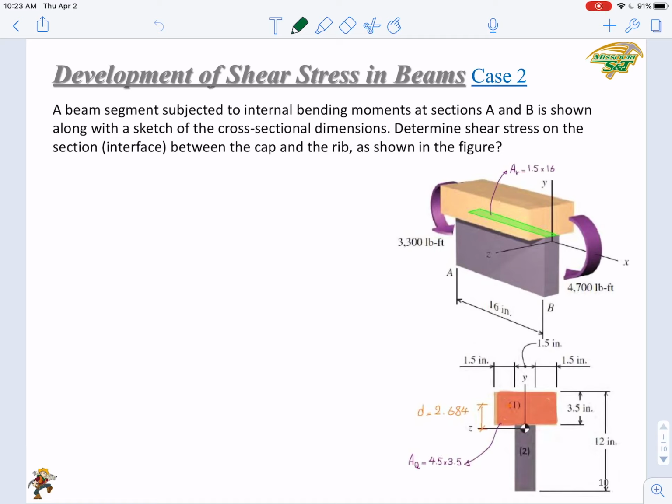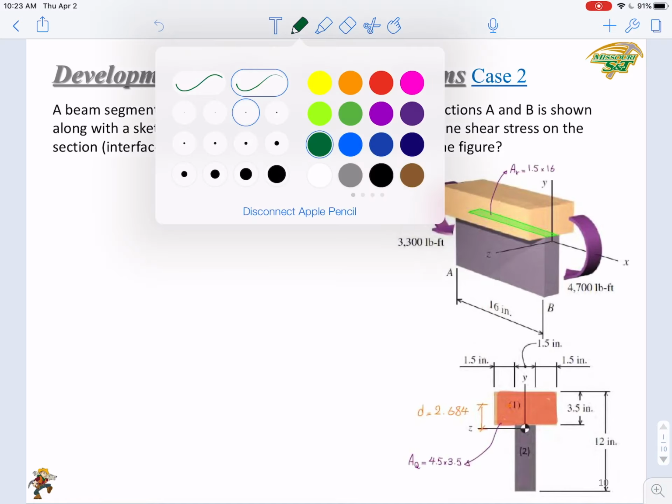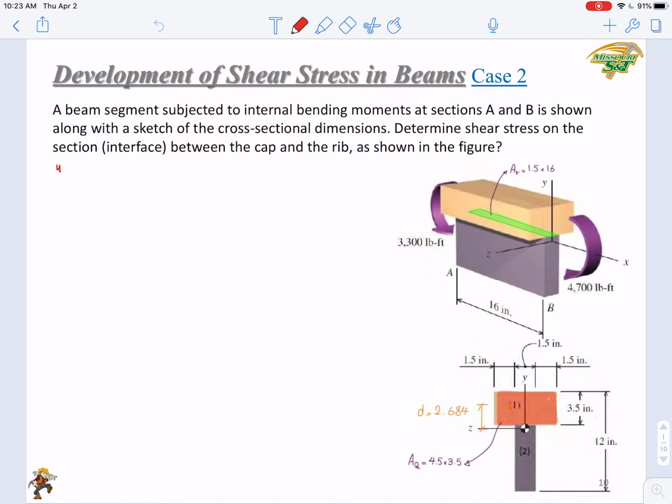Okay, we can follow the same procedures as in case 1 to calculate the shear stress here. First of all, the Y bar. The cross section is shown below. The Y bar is actually the same as case 1, right? The Y bar is 4.43 inch.